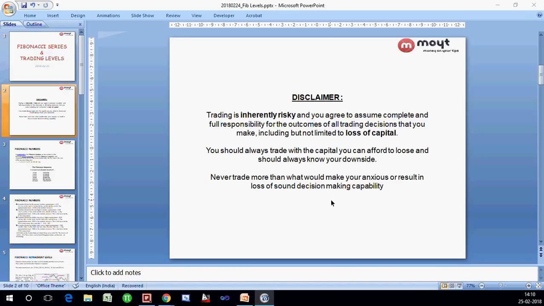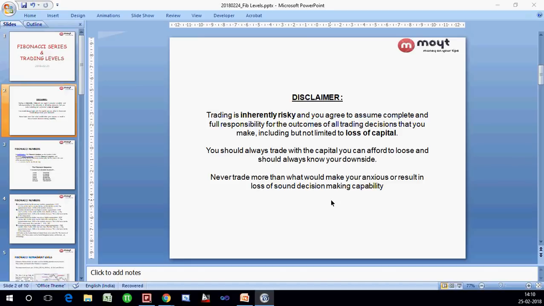So moving forward, before any discussions, I always give you a disclaimer, that trading is a risky business and you are aware of the risks inherent to this, which may not be only limited to your loss of capital, but at times a lot of psychological pain it leads to the person. So we have to be aware of that, and we should always trade with the amount we are ready to lose.